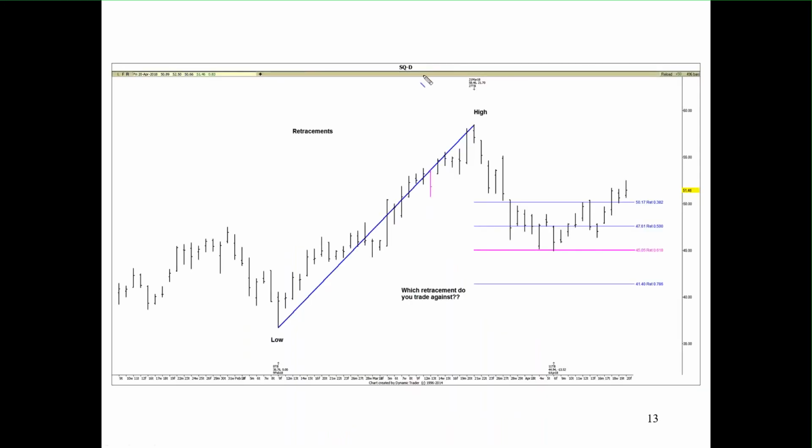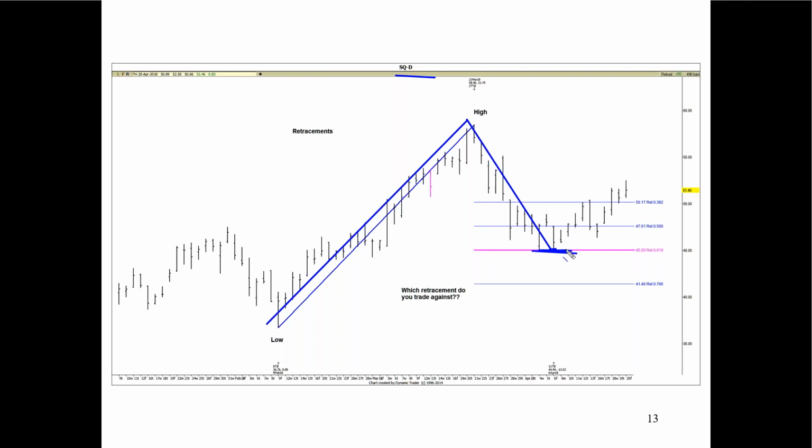This is a daily chart in Square. Here's the low to the high that I measured, and I put all these retracements in there, but only one really had any kind of movement. Some of you will ask, how do you know which one to trade against? Well, this is not a method that I typically use.